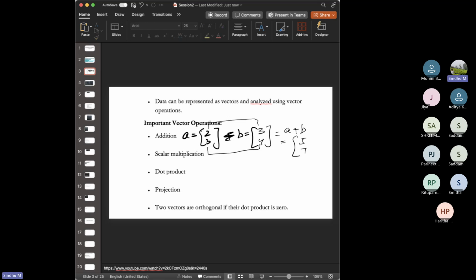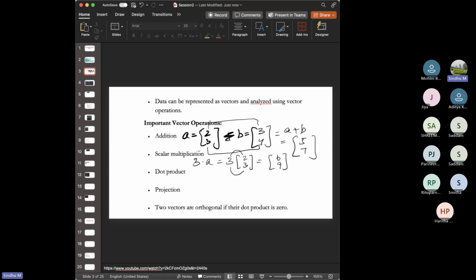And the second operation is scalar multiplication. It means that you're multiplying a vector with a scalar. So for example, 3 times a, that will be 3 into 2, 3. So here you just have to multiply each of the terms by the scalar.